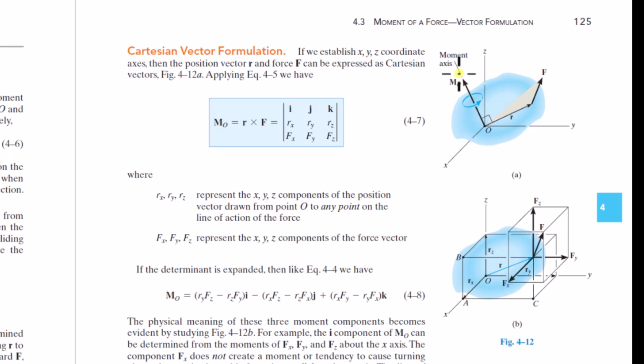If I could move this moment and it wouldn't change the problem, like for example, we talked about in the previous videos, and we're going to talk about later in this video, when you're calculating the moment of a force about an axis, you're not calculating the moment of a force about a point.